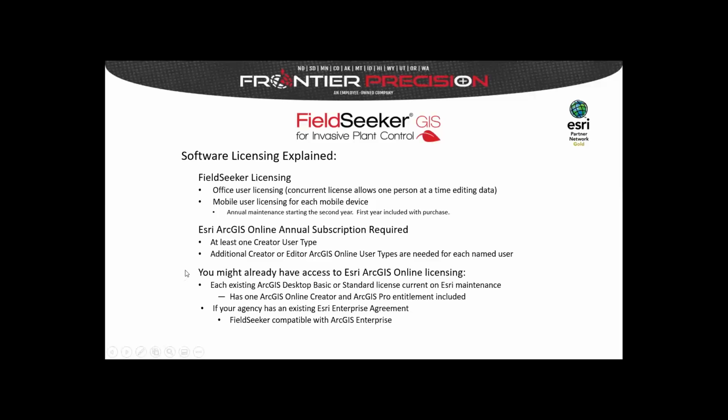If you're still using desktop basic or standard licensing and it's current on Esri maintenance, it'll have one ArcGIS Online creator user type entitlement included with it. And then some people also have Esri enterprise license agreements that include the ArcGIS Online licensing, and we are compatible with enterprise.